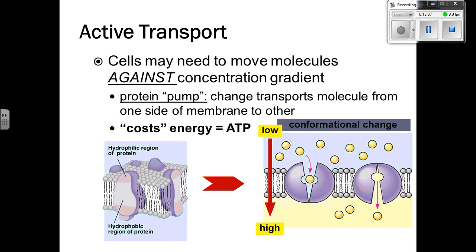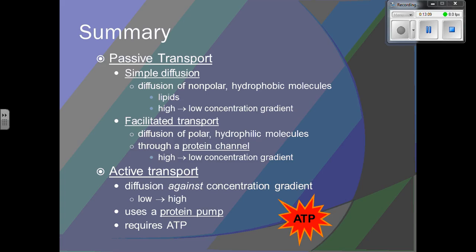So if we sort of summarize all the types of transport, we have passive and active. Those are the two sort of major categories. Passive, no energy needed. Active, you need energy. When we look at passive transport, we're either talking about simple diffusion of those nonpolar molecules like oxygen, like carbon dioxide, across the phospholipid bilayer, or facilitated transport where things like sugar and amino acids and other larger molecules might need some help getting across the cell membrane.